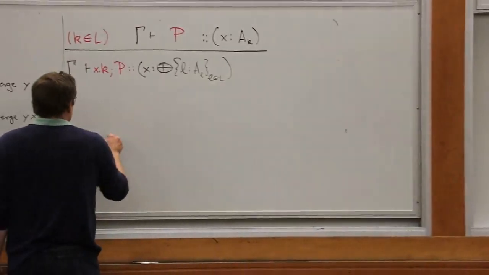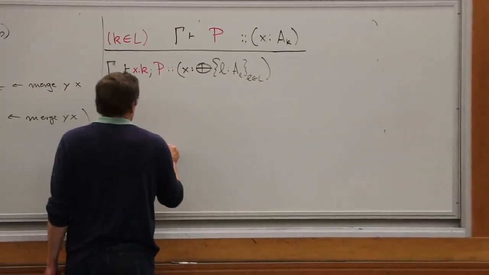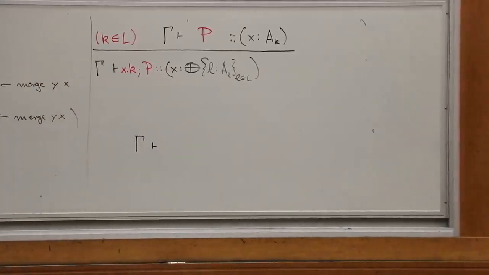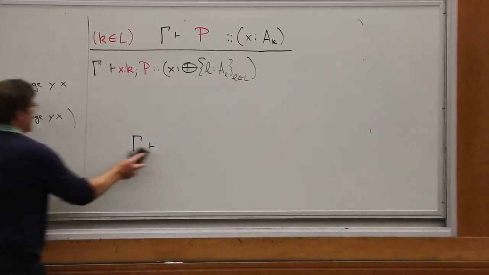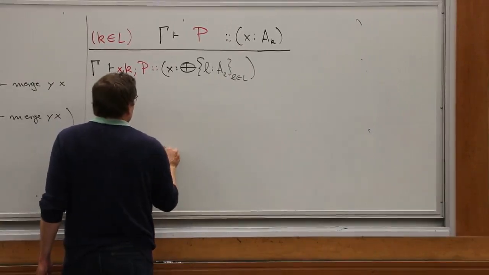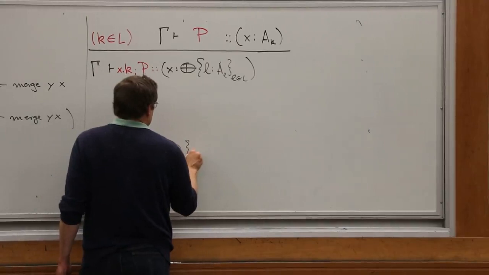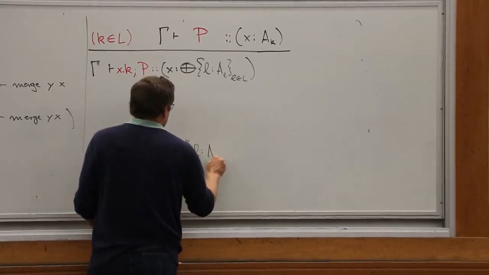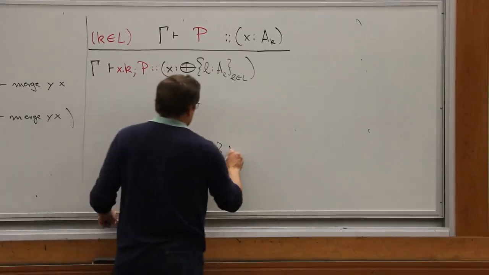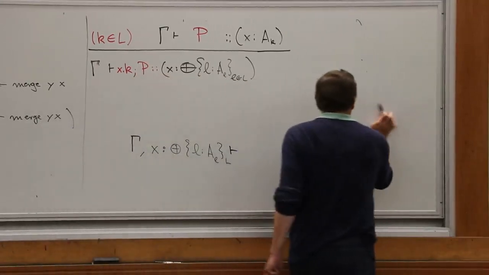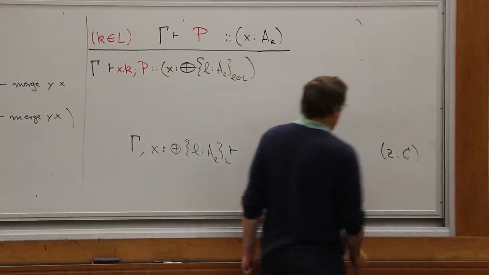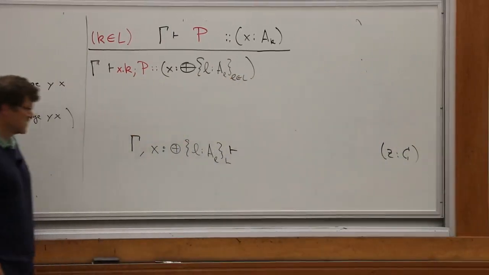So in gamma, or left rule, we have a channel X of type internal choice L colon A sub L over a label set capital L. And over here on the right, we have some channel that we don't care about because we're not communicating along that, so nothing changes there.